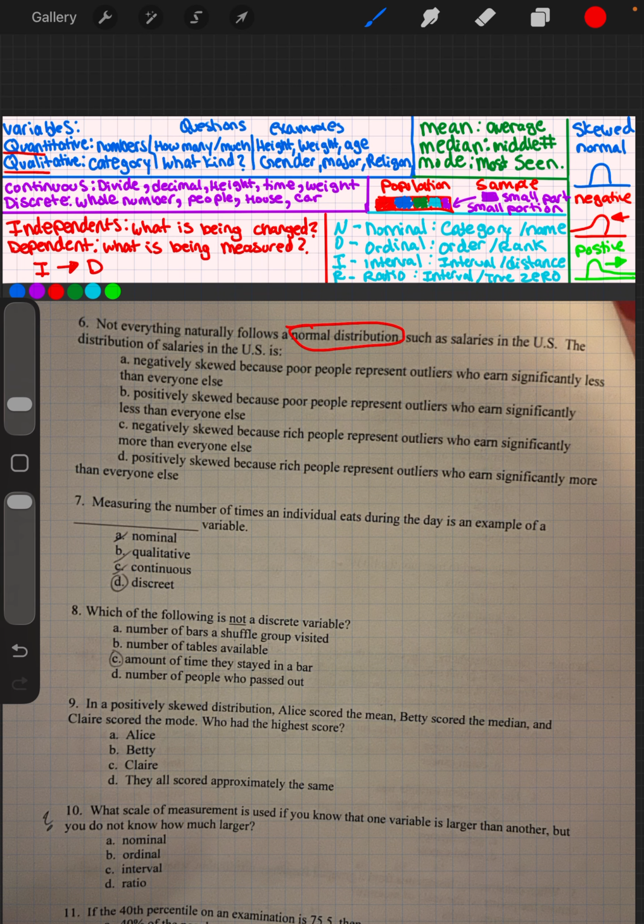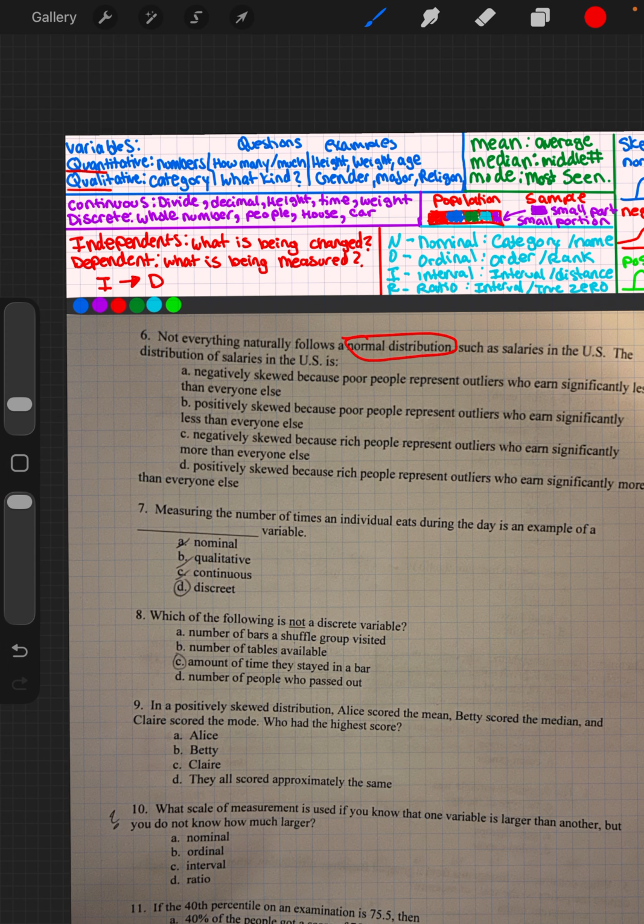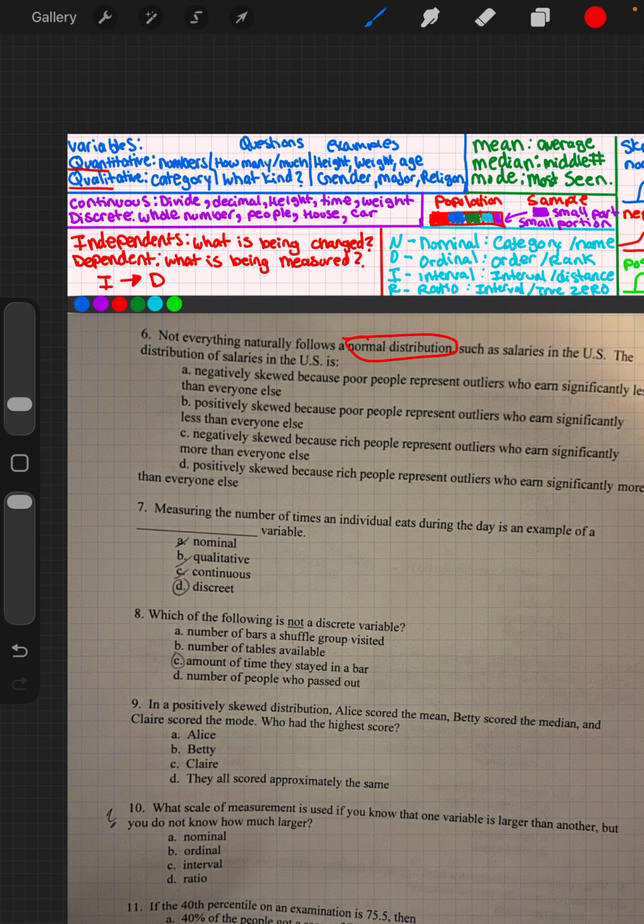This is going to sound weird, but outliers means not normal, and it's really hard to be rich. So I would say being rich is an outlier.